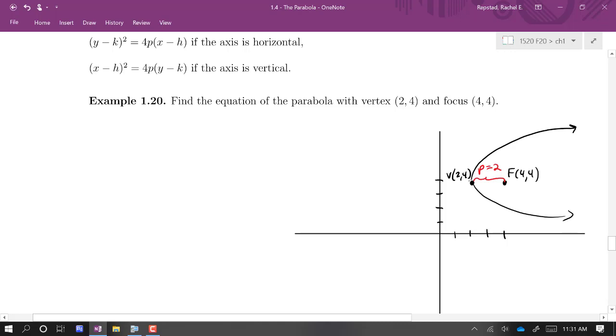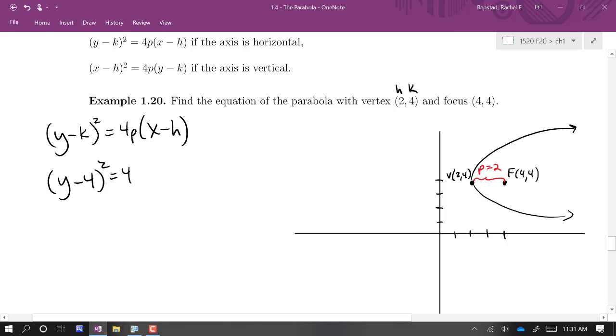And it opens horizontally. So I know I'm going to start out with the form (y minus k) squared equals 4p(x minus h). From the sketch, I could tell that p is equal to 2, so I could put that in, and they told me the vertex, (2, 4), so that's h and k. So I have (y minus 4) squared equals 4 times 2, (x minus 2).